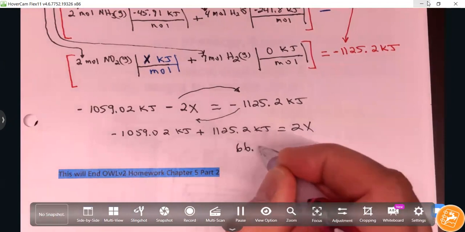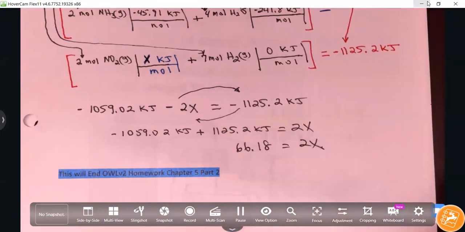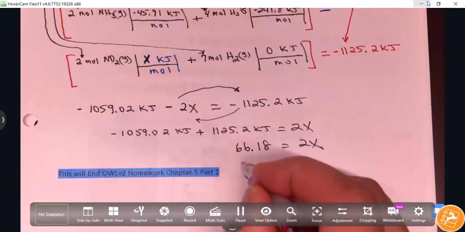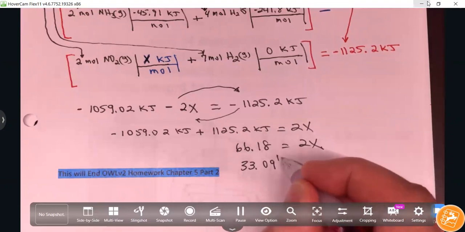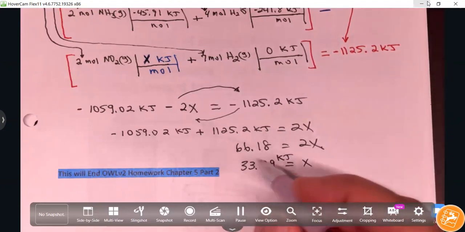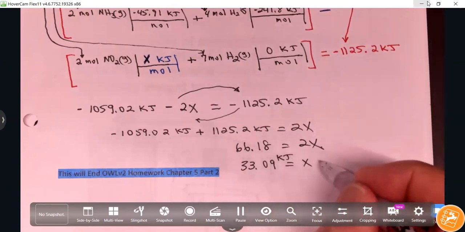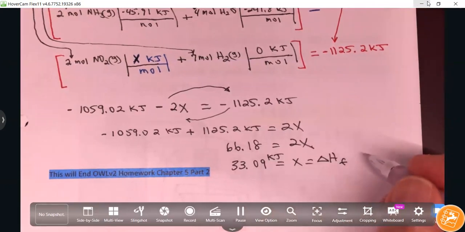So 66.18 is equal to 2x. So 33.09 kilojoules, I should put my units, of NO2 gas.